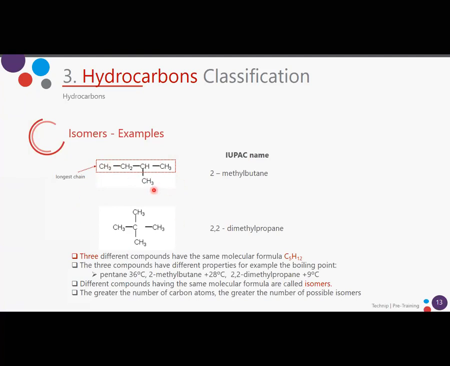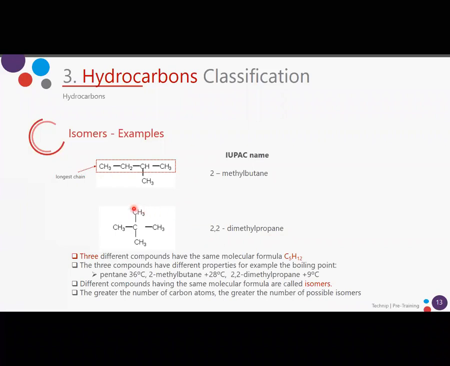In this case, the longest chain is a 3 carbon chain. So we'll have a propane. In this way or in this way, it will be the same. We have a 3 carbon chain, so we will name it propane. So what kind of alkyls do we have?